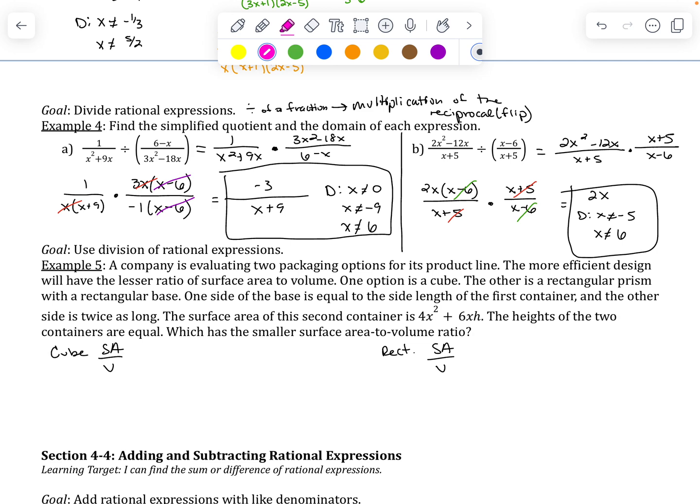One side of the base is equal to the side length of the first container, and the other side is twice as long. The surface area of the second container is this, and the heights of the 2 containers are equal.